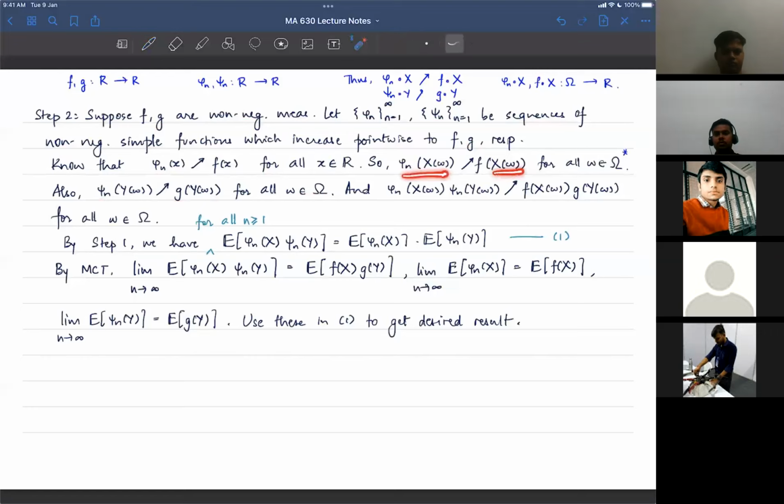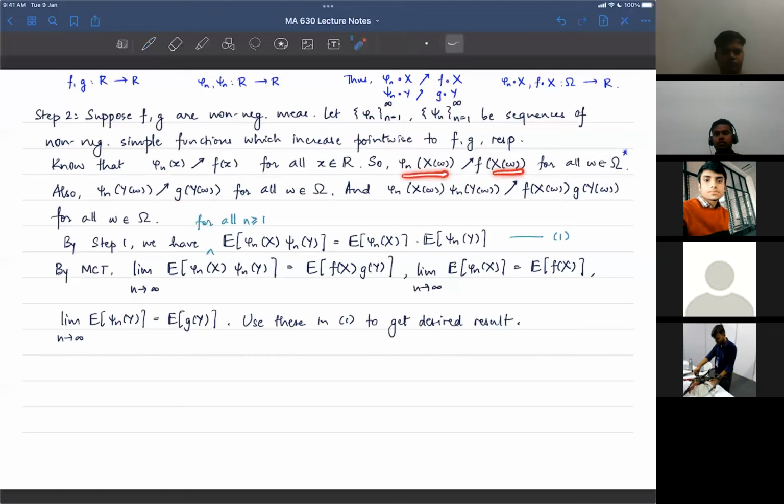Basically, if a_n increases to a, b_n increases to b, and everything is non-negative, then a_n b_n increases to ab. That's what I've written here.